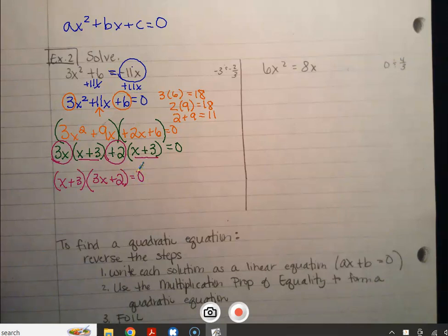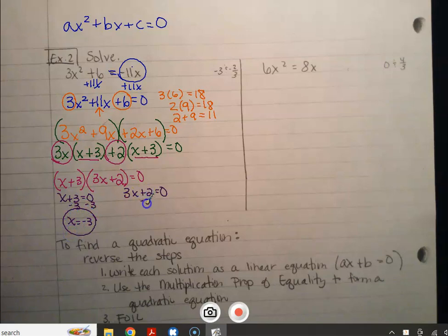So all that is step 2, factoring. Now we need to set each of these equal to 0. So we have x plus 3 equals 0, and 3x plus 2 equals 0. Then we solve. Subtract 3 on this one, so x equals negative 3.